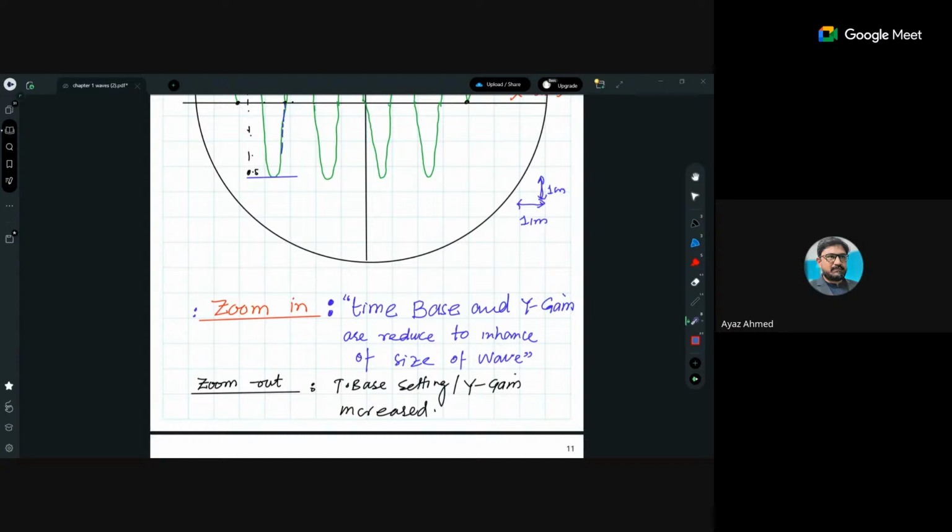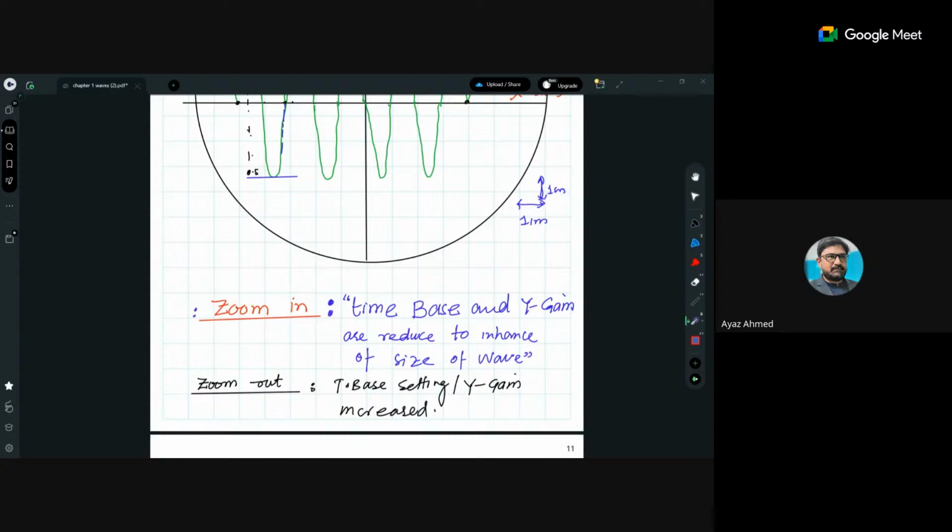I mean just the apparent size, not the magnitude of the wave. And if you want to zoom in, you can increase the size. To do that, what to do? Time base and y gain settings are adjusted to enhance the size of the wave.